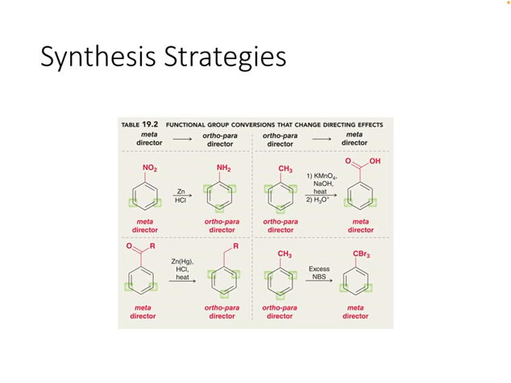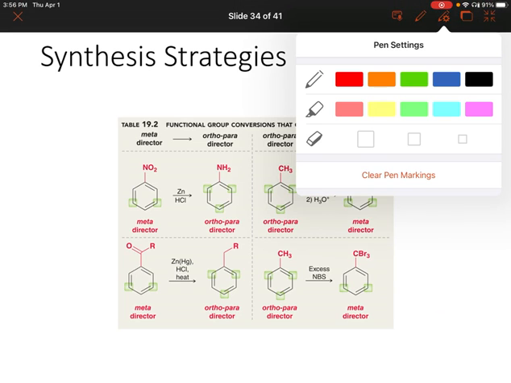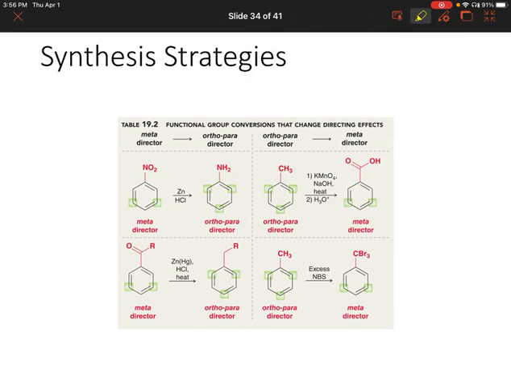So some things that we might have to keep in mind is, for instance, let's say we start with our nitro group and we want to add something ortho or para to the ring. Well, we might have to first reduce NO2 to NH2 because NO2 is a meta-director while NH2 is an ortho-para director.